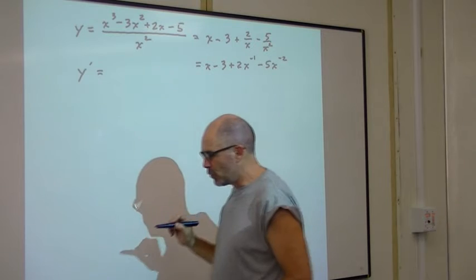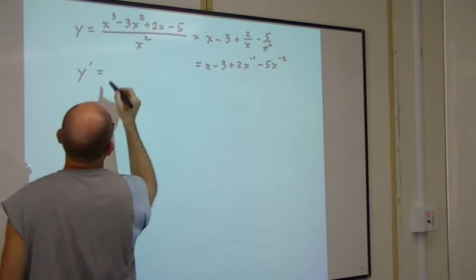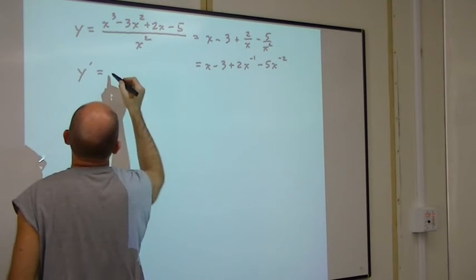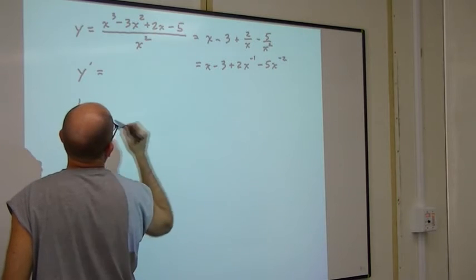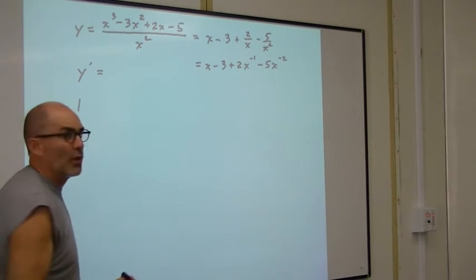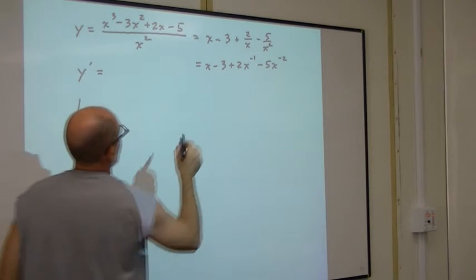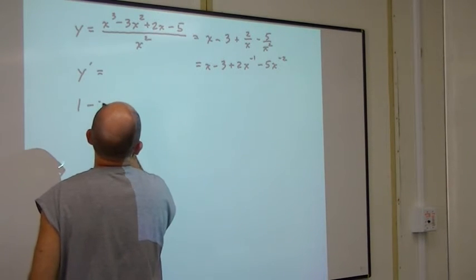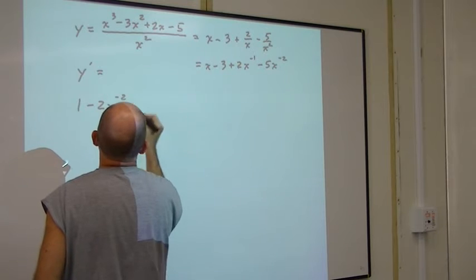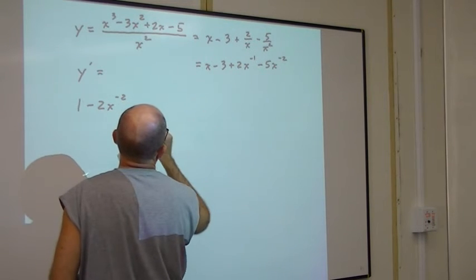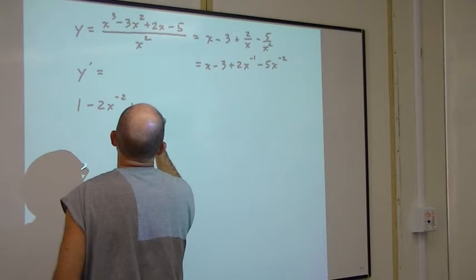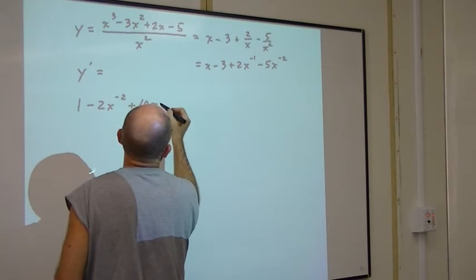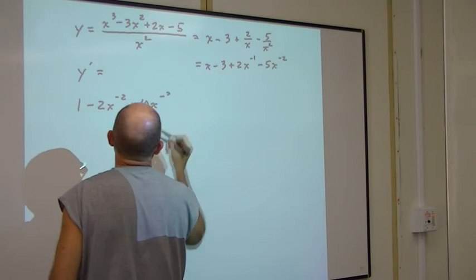So when we do our derivative, it's going to be much simpler. The derivative of x is 1. The derivative of minus 3 is 0. The derivative of 2x to the negative 1 would be minus 2x to the negative 2. And the derivative of minus 5x to the negative 2 would be plus 10x to the negative 3.